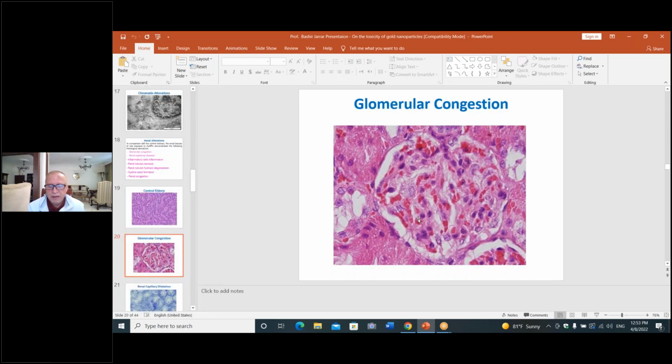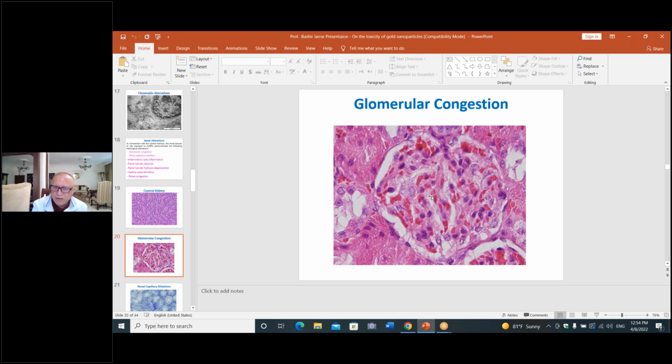While in the kidney of the treated animals, the glomeruli, this is one glomerulus, became congested, and also the renal tubules next to the glomeruli were injured. They have damage, such as here. This is hydropic degeneration, and here the congestion. These blood cells.